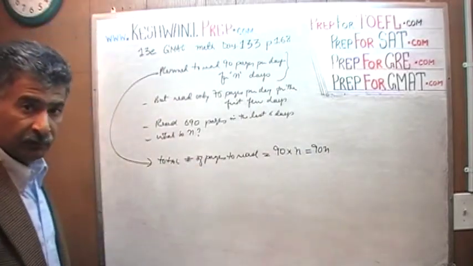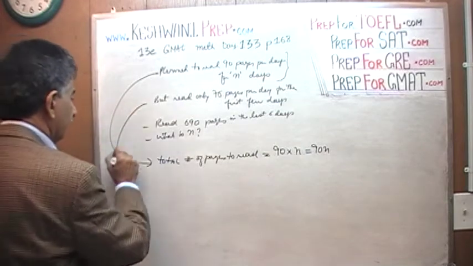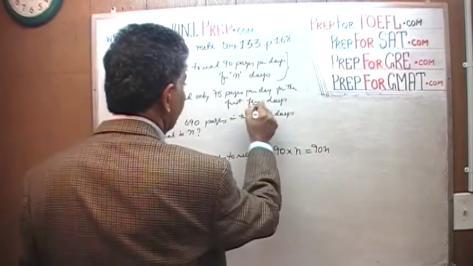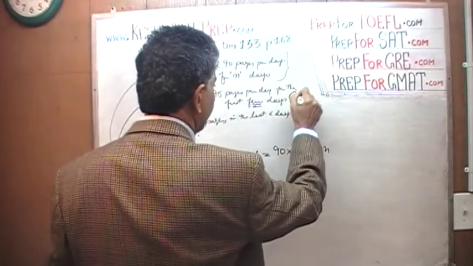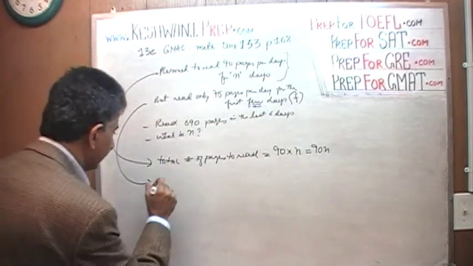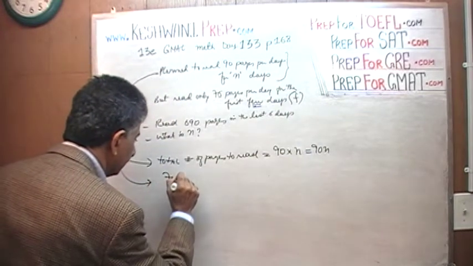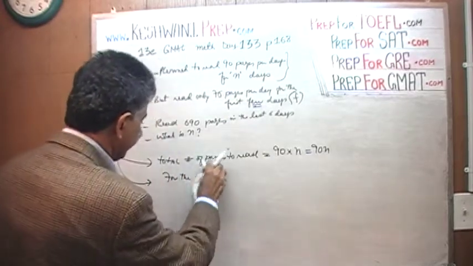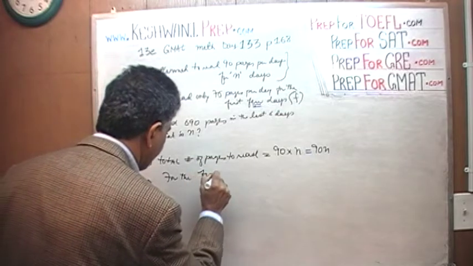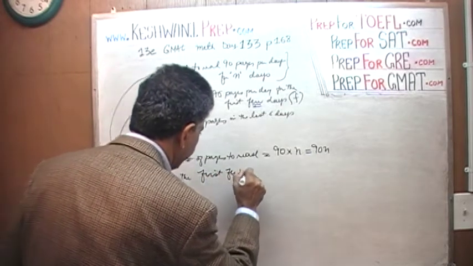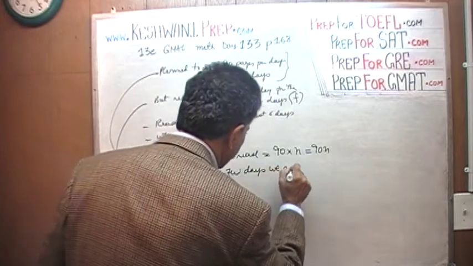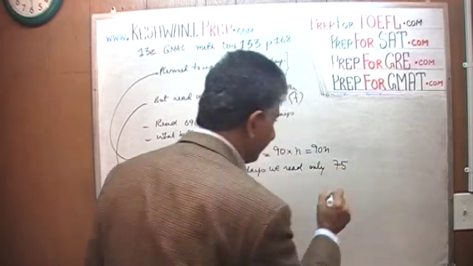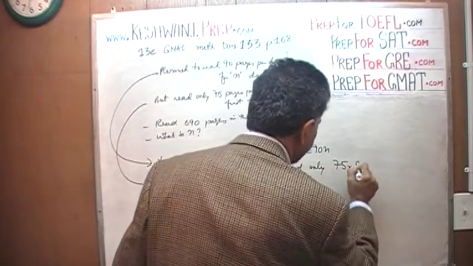It turns out that for the first few days, let's call them F, for the few days, we read only 75 pages per day times the first few days.